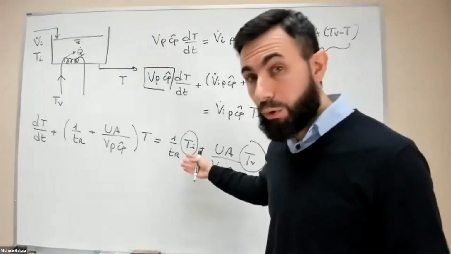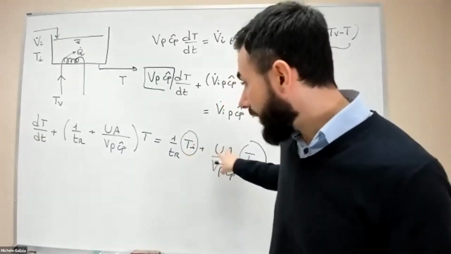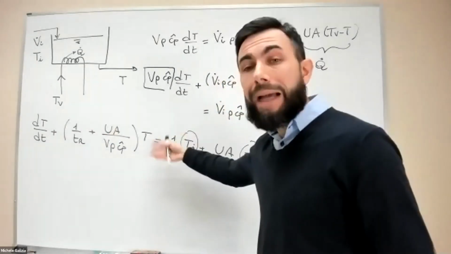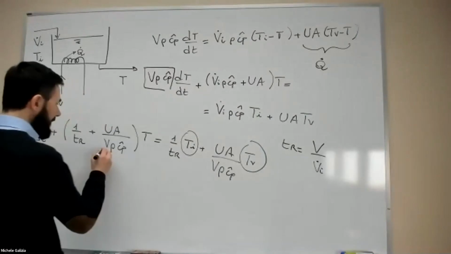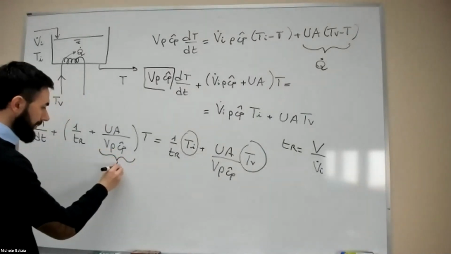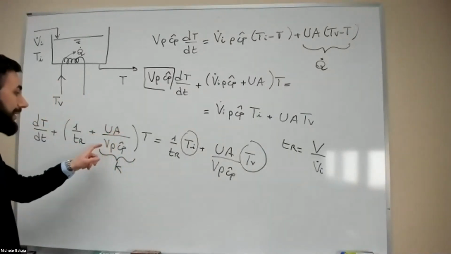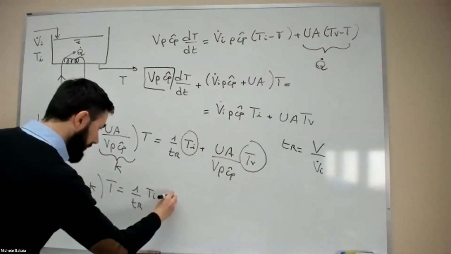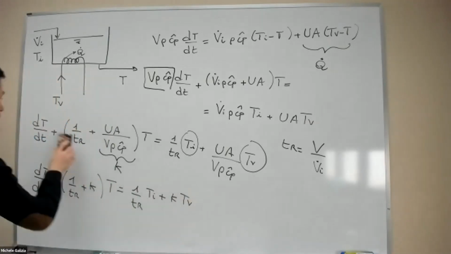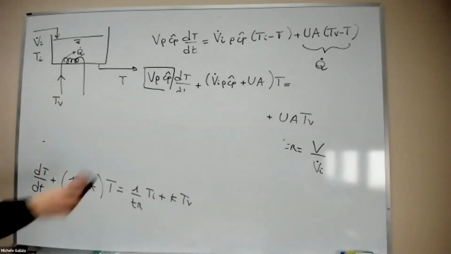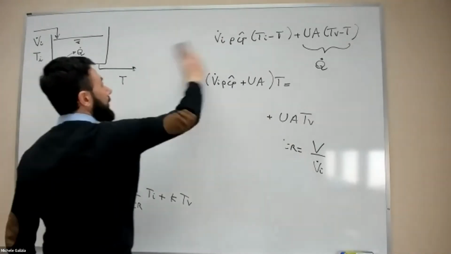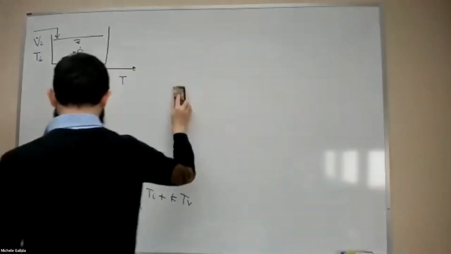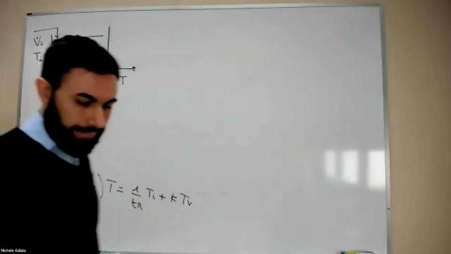So here, when you have multiple inputs at the right side, you have the sum of the inputs, everyone multiplied by its own constant. Now, let me call this K, UA divided V rho Cp. This is to manage this equation more easily, to not bring with us too many constants.